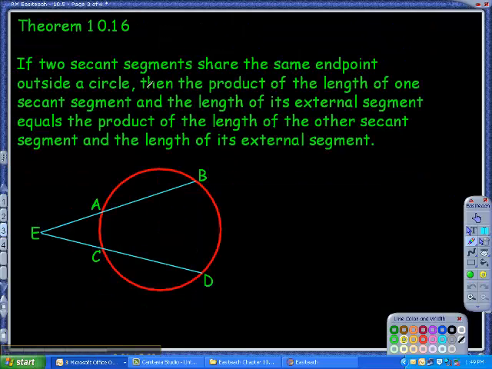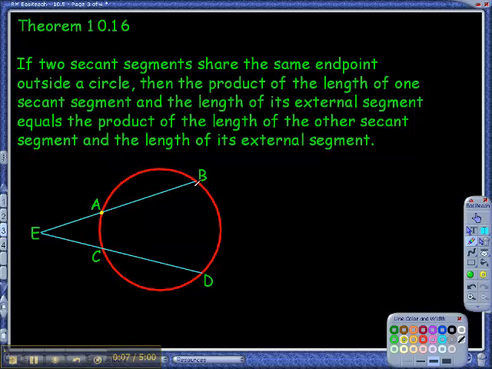Alright, this next theorem says that if we have two secant segments, so notice these are two segments, they intersect our circle at 2 points, one of those points being the endpoint of each one of those segments, that share the same endpoint outside of the circle. So they have point E in common.